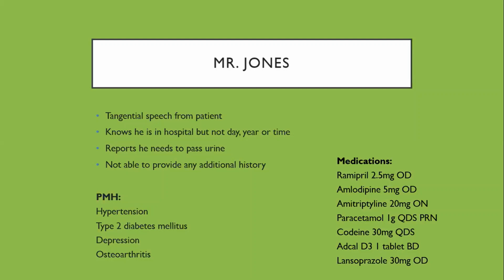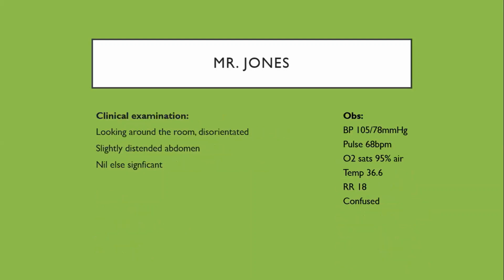His medications you can also see there on the right-hand side. I'll just let you have a moment to take note of them. So he's examined, he's looking around the room, he's disorientated. The only significant finding is a slightly distended abdomen, but nothing else significant on clinical examination. His observations are recorded there as well for you.